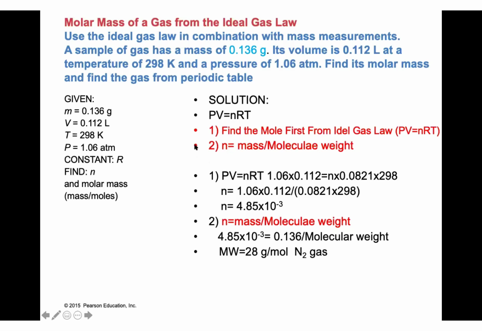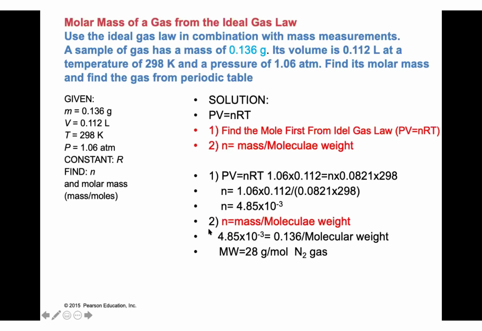Then the second step is using the regular equation that we were using to find the mole before. If you remember, in the empirical formula, we were using this equation to find the mole of the compound. Number of moles equals the mass of the compound, or basically the element, divided by the molecular weight.